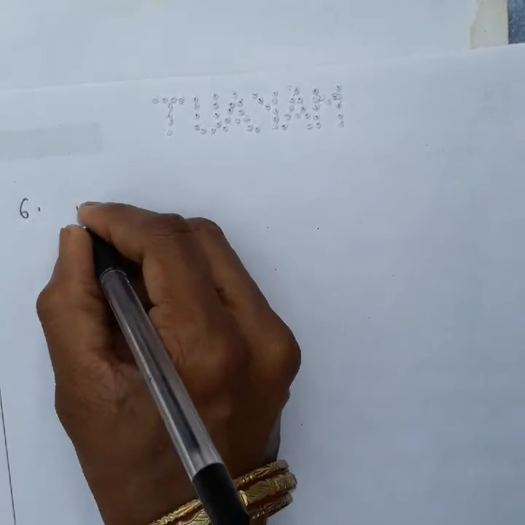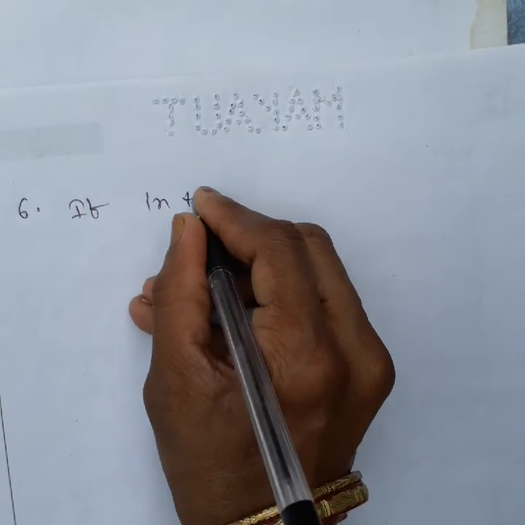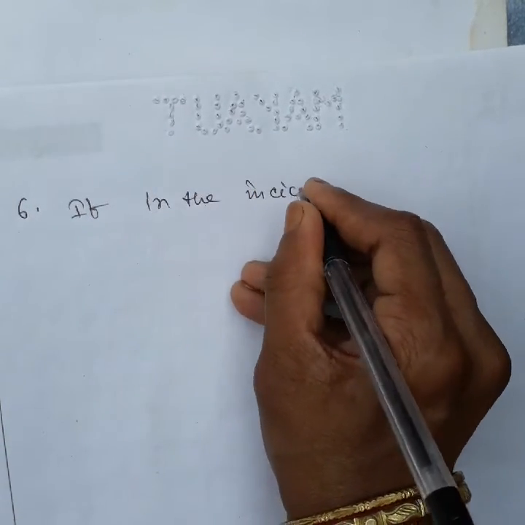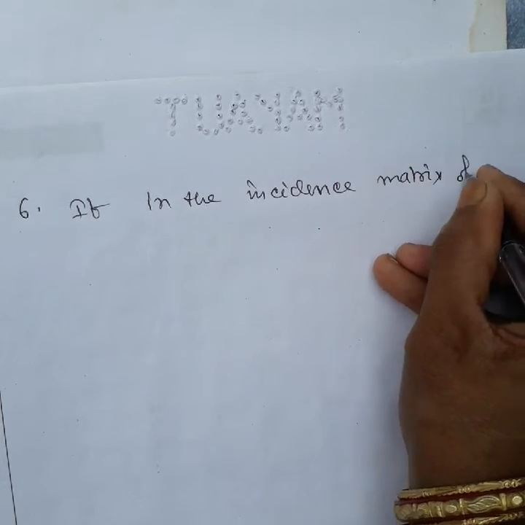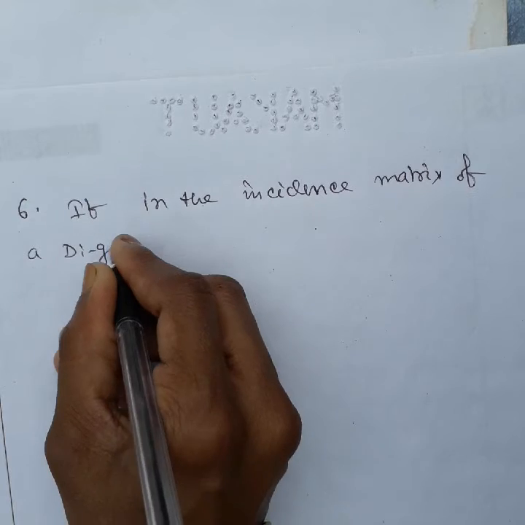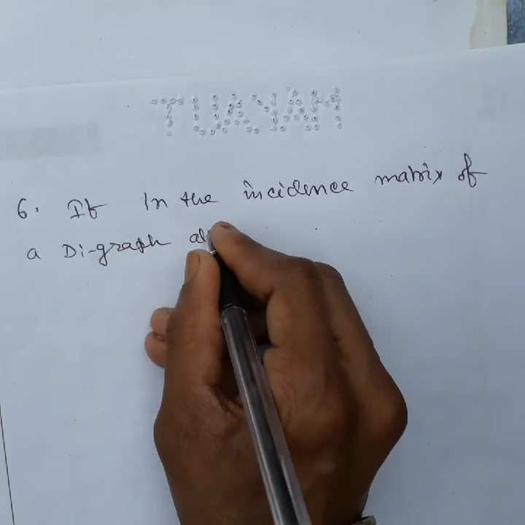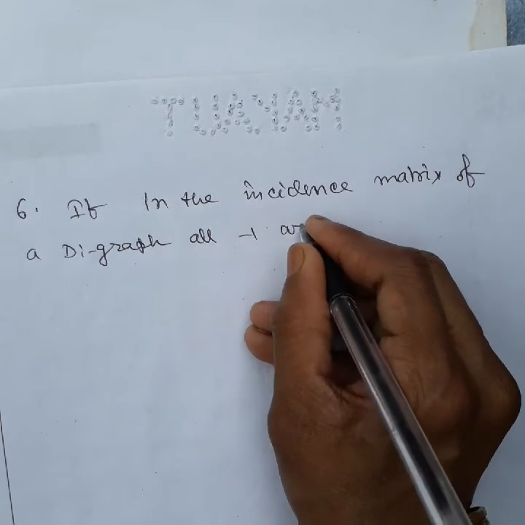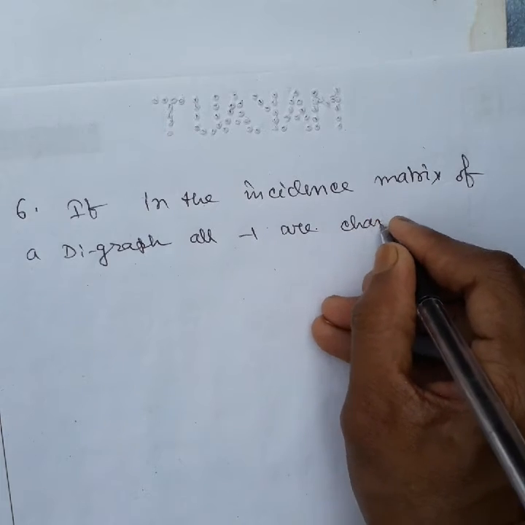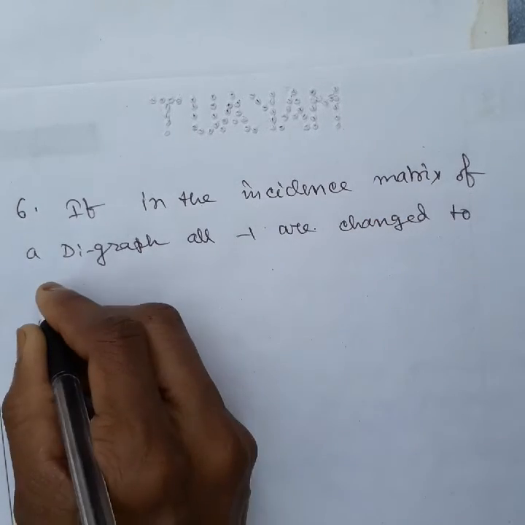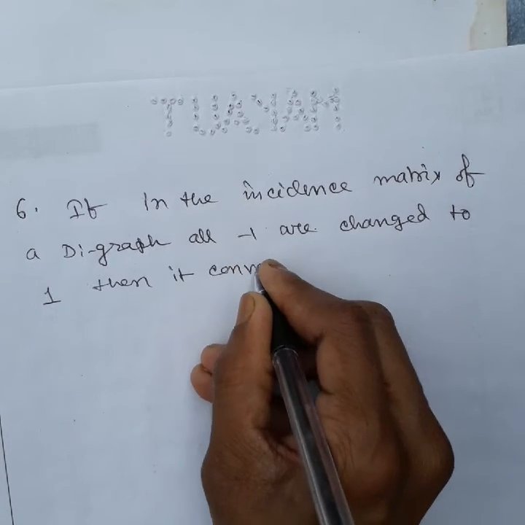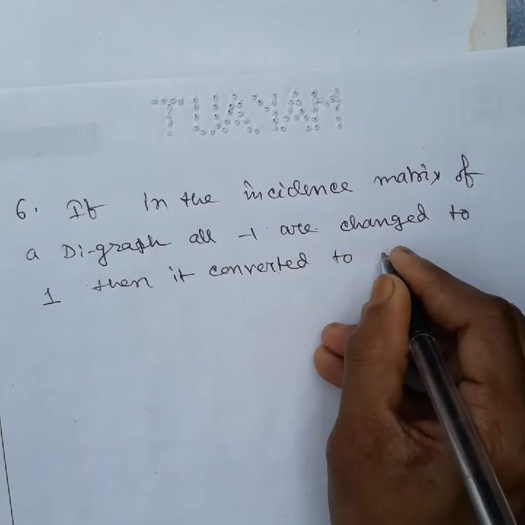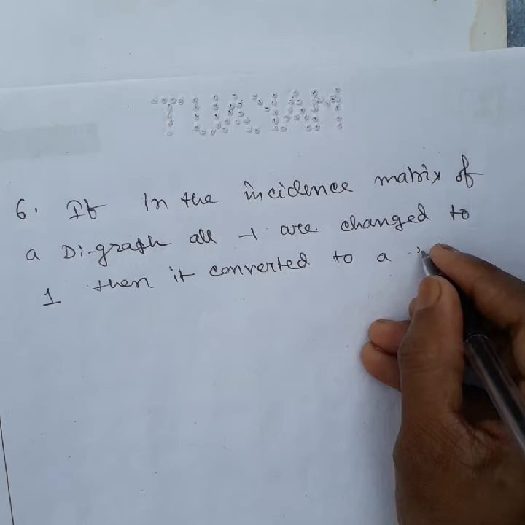Okay. And the last property is, if in the incidence matrix of a digraph all minus 1 are changed to plus 1, then it is converted to an undirected graph.